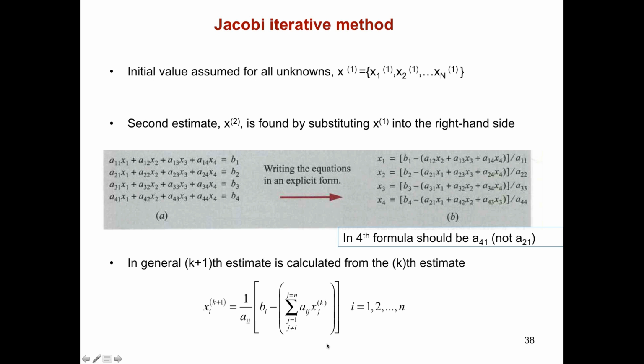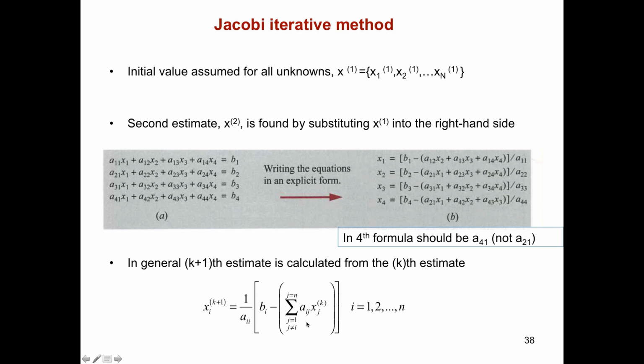So once I write this up, for each iteration, which I'm labeling as k, I get the next iterate by plugging things into this formula. This is just a generalized formula that I can program, and we did so in class.